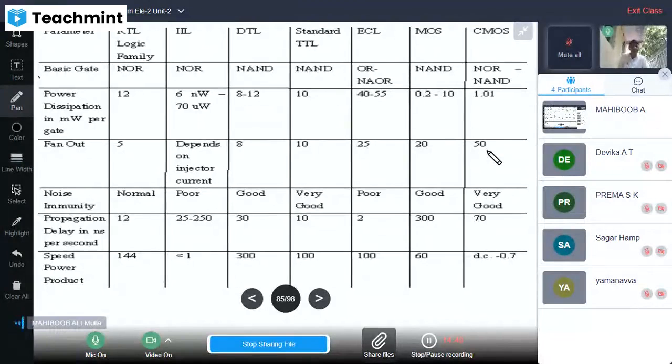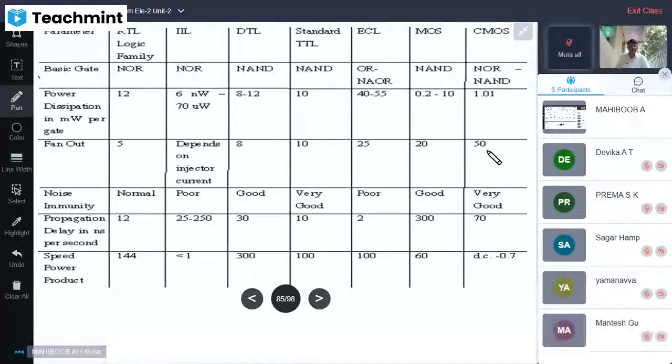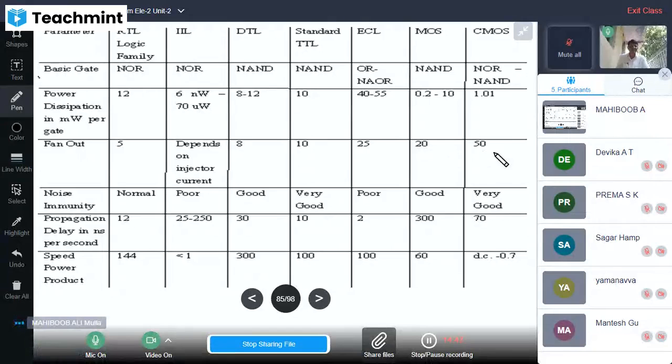Fan out is the number of output gates it is able to drive, so up to 50 gates it can drive. These are the different specifications. Go through them and keep them in memory. In the exam they will ask.